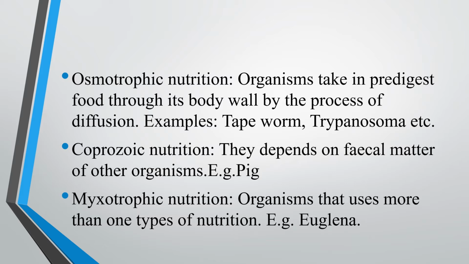So they do not have well developed digestive systems. Next one, coprozoic nutrition. They depend on fecal matter. Best example, pig. Then mixotropic nutrition. The organisms use more than one type of nutrition. Best example, Euglena. Euglena is a plant-animal.